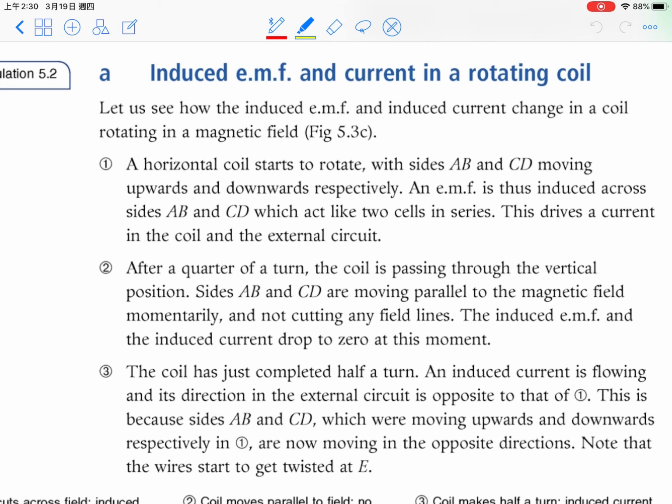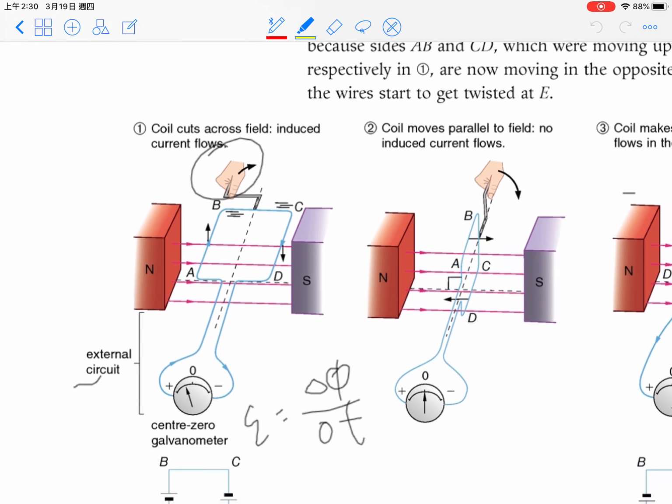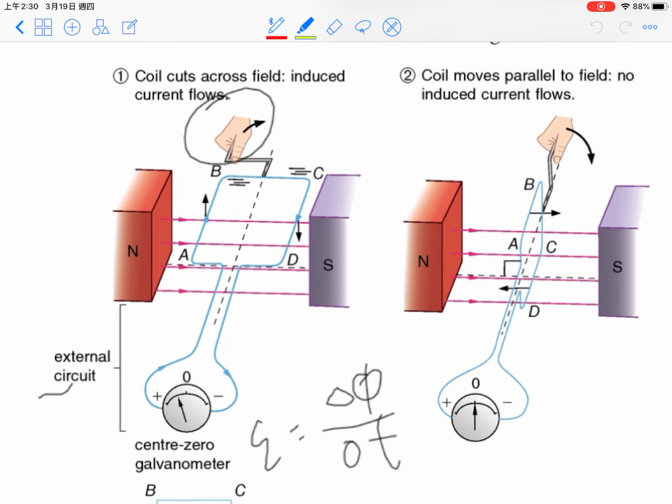So we want to study the induced EMF and induced current in a rotating coil. The first step is to rotate the coil inside the magnetic field. You have learned in the last chapter Fleming's right-hand rule.